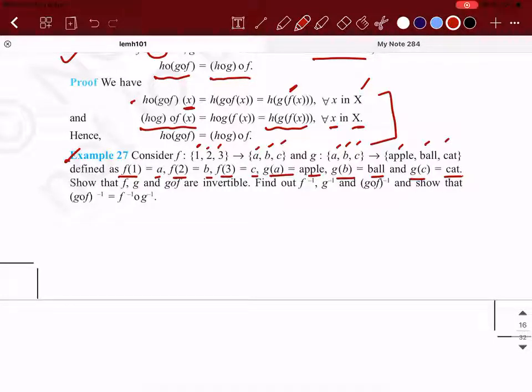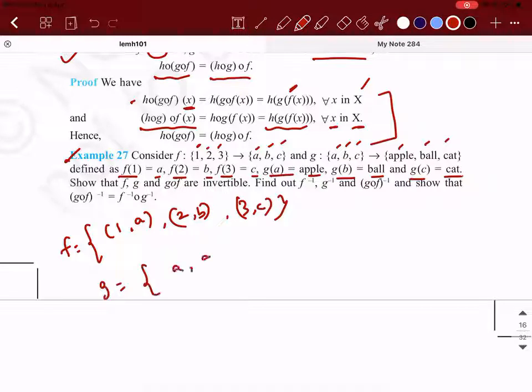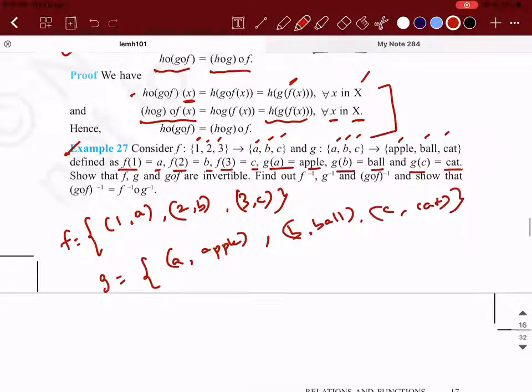So what is f? (1,A), (2,B), (3,C), one to one and onto. g is a function A to apple, B to ball, C to cat. It is bijective.